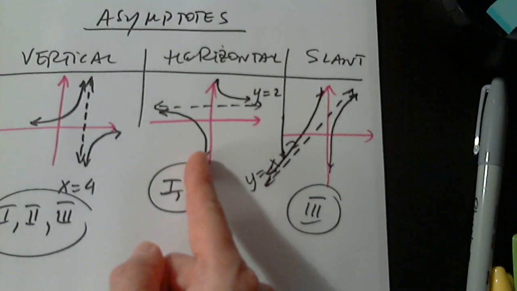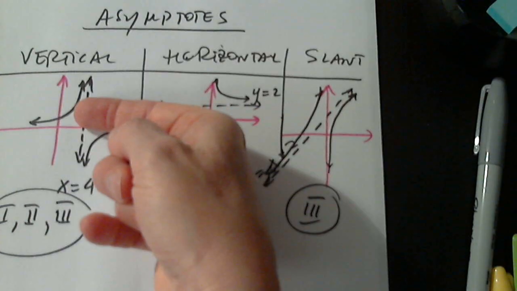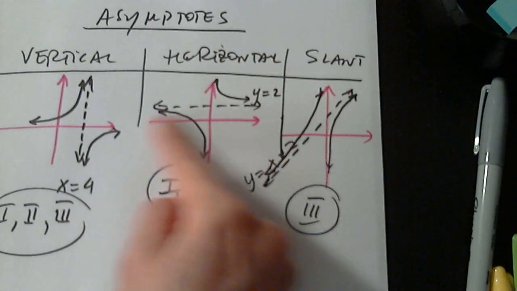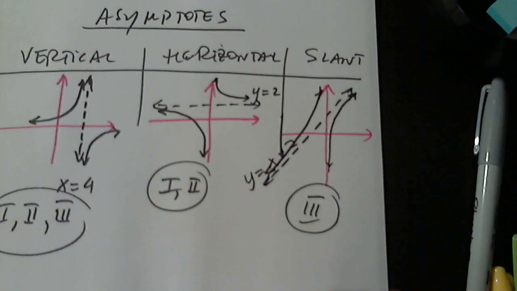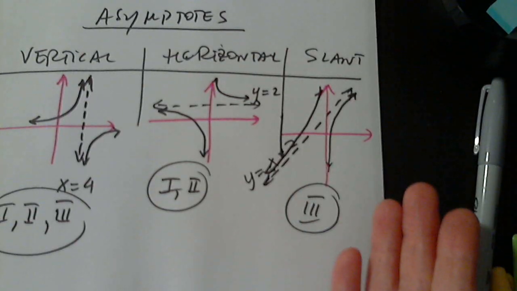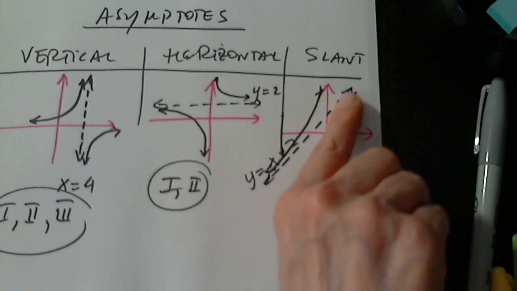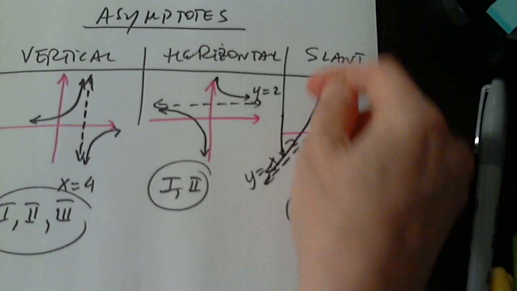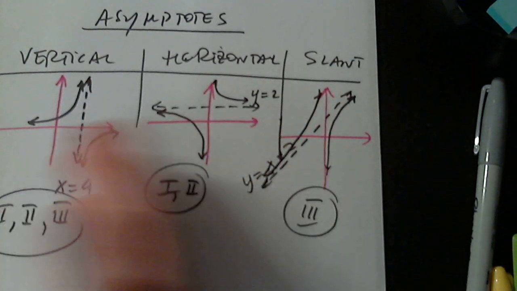What about here? This asymptote shows the behavior at infinity. What does the function do as x goes to infinity or x goes to negative infinity? Again, what does this say? It says that the behavior of the function is when x goes to infinity, y also goes to infinity, and as x goes to negative infinity, y also goes to negative infinity. Different type of behavior.